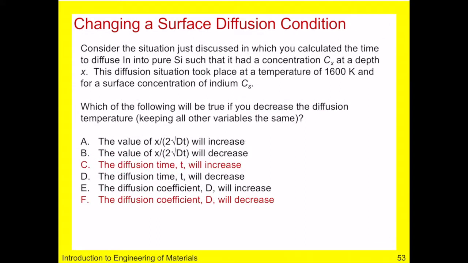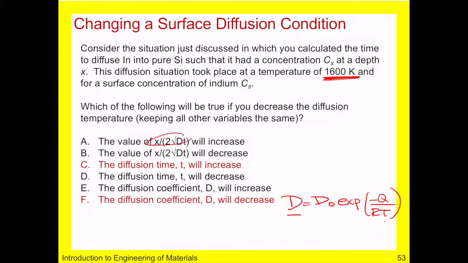Well, if you decrease the diffusion temperature, it's going to take you longer to diffuse indium into silicon. The diffusion coefficient will decrease based on the relationship that we've seen before. So if you decrease T, you're going to decrease the diffusion coefficient overall.